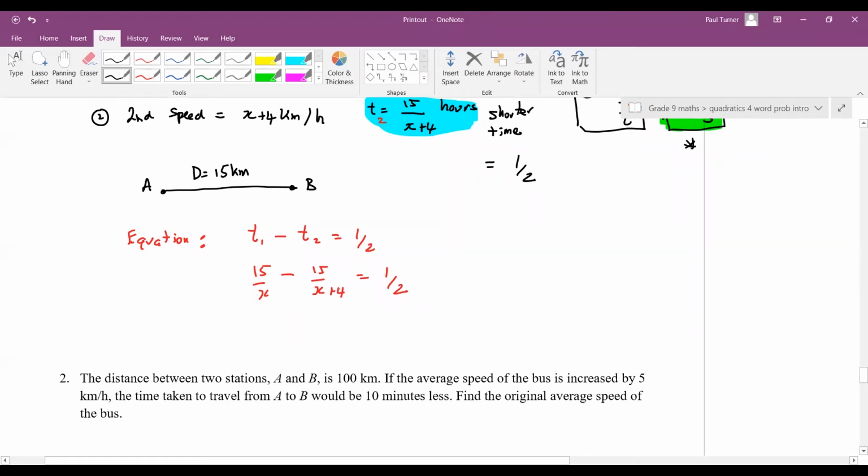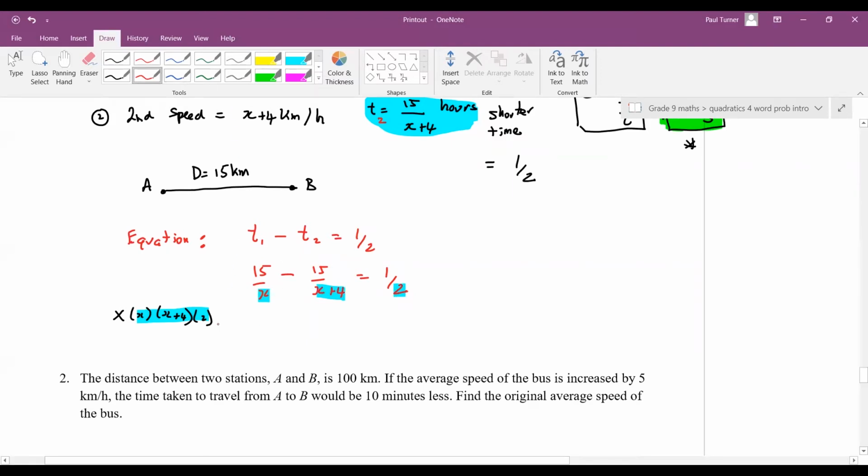So we want to get rid of these denominators. Let's multiply everything by x plus 4 and 2, so each part of the denominator. I multiply every term by that.